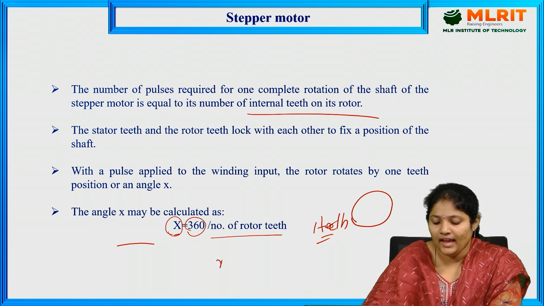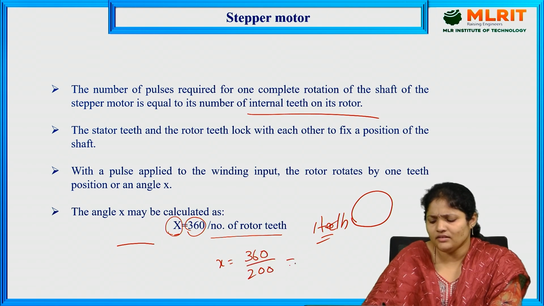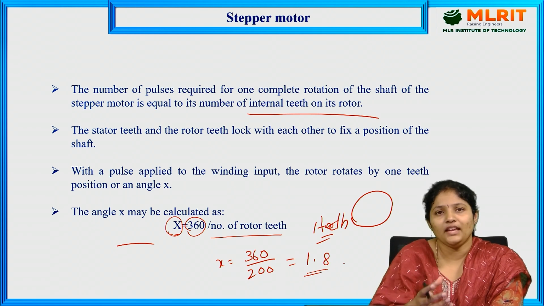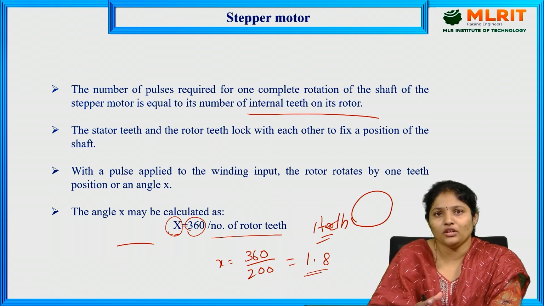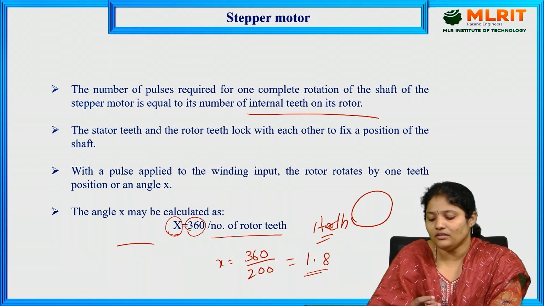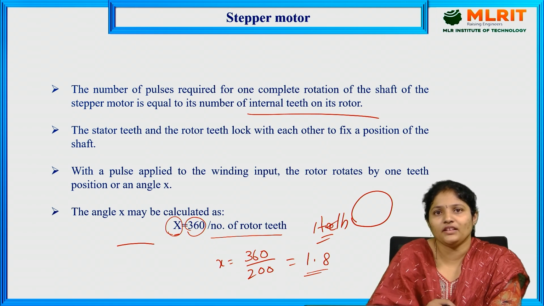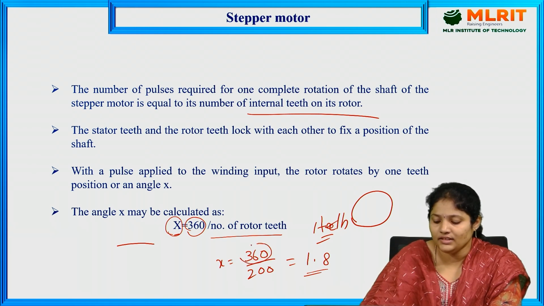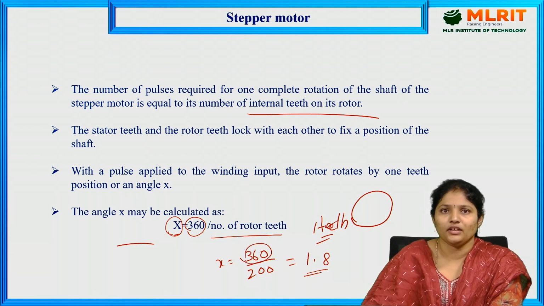Then what is the angle it will move per step? 360 by 200, which is approximately 1.8 degrees. In most cases a 4-phase stepper motor will have 200 teeth. So to get the angle it rotates for one step, you can use 360 degrees divided by the number of rotor teeth.